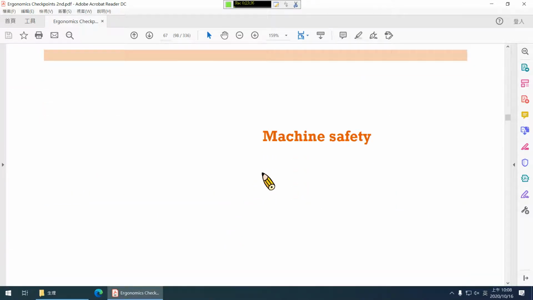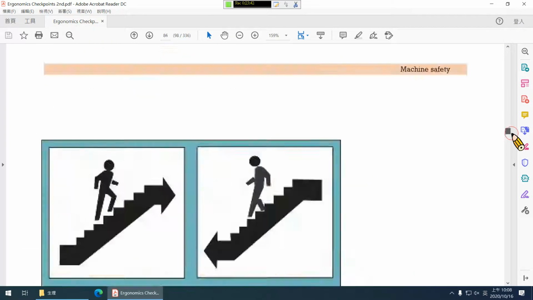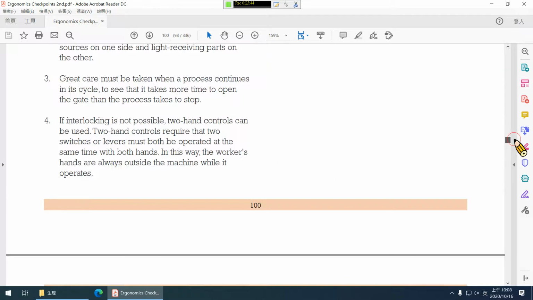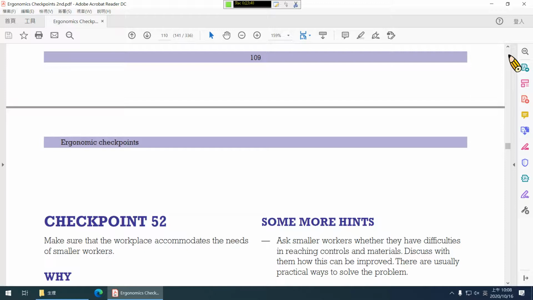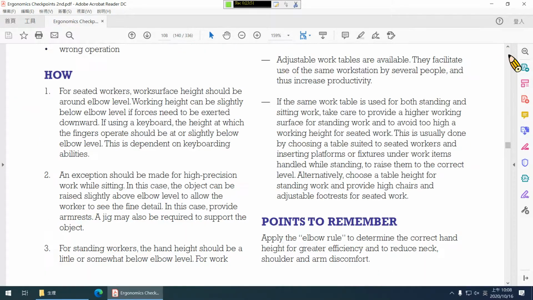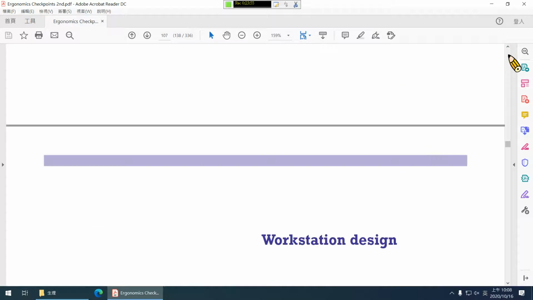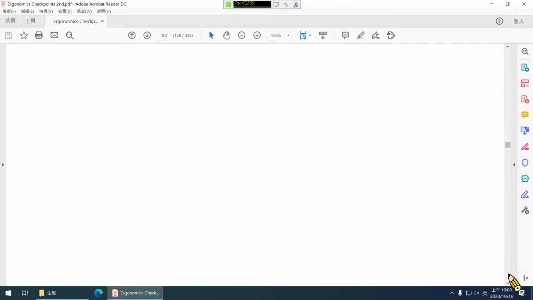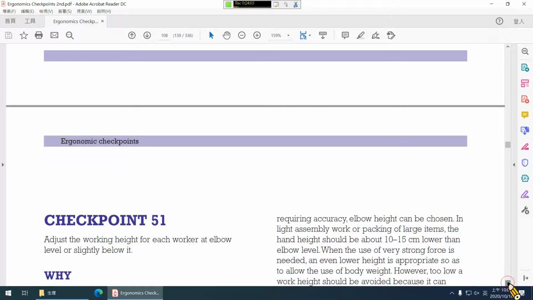There's one part which is machine safety, and workstation design. Okay, let's look at this one.